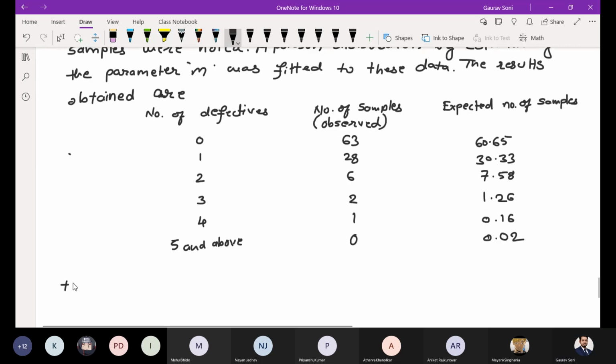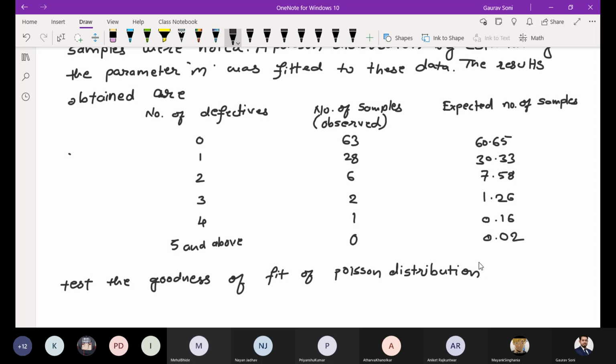Test the goodness of fit of Poisson distribution, at 5% level of significance. What is our null hypothesis in this case?